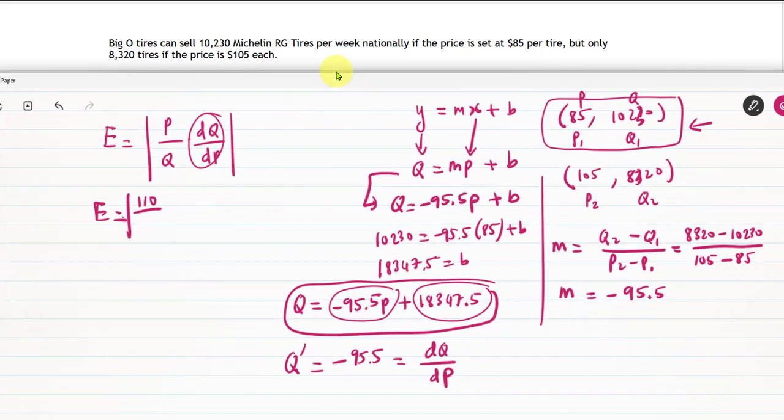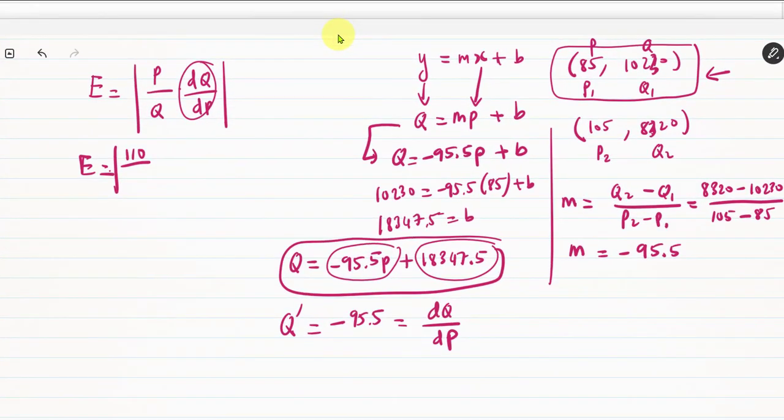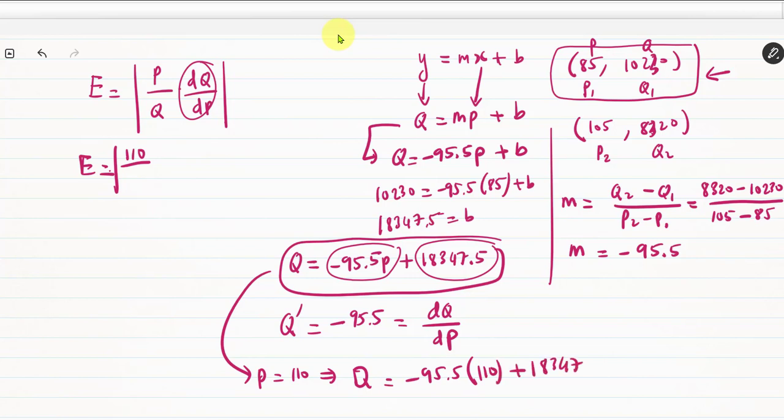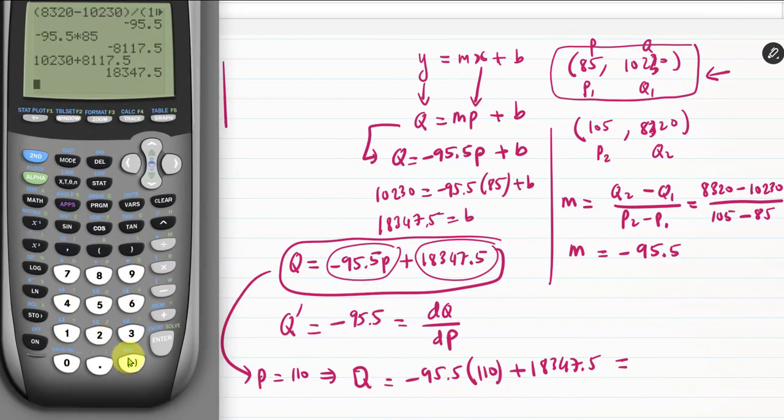What happened to my Q? When the price is equal to 110, I can use this equation to solve for Q. Q is minus 95.5 multiplied by 110, and add 18,347.5. We can quickly do that and see what we get here.